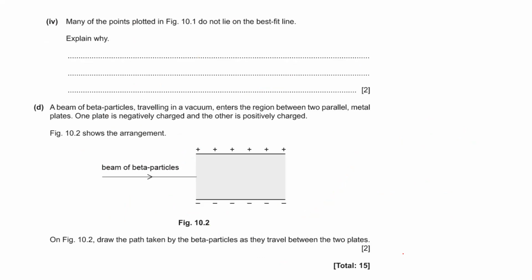It says many points plotted on the figure do not lie on the best fit line. Explain why. Remember, we are measuring beta particles. So one reason can be that measuring different beta particles is difficult.